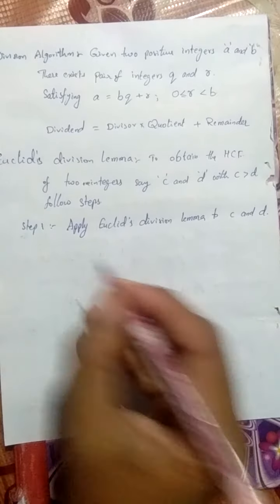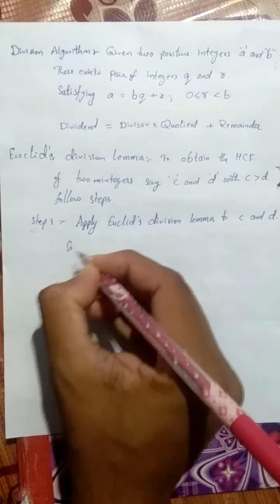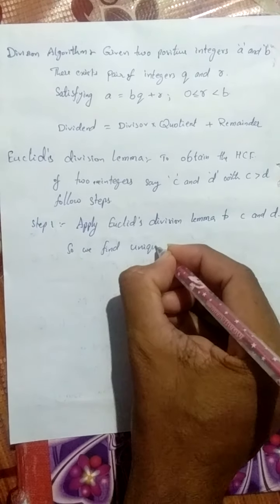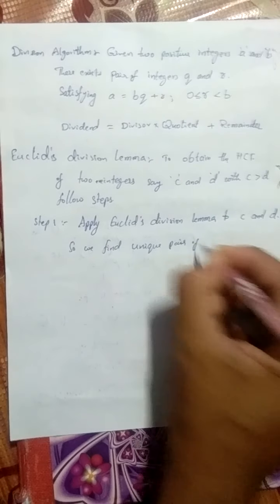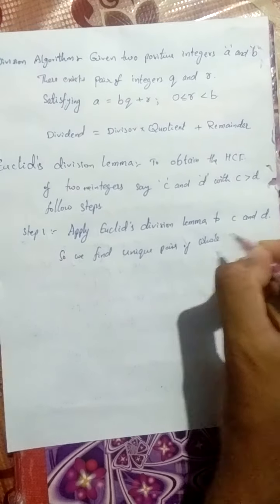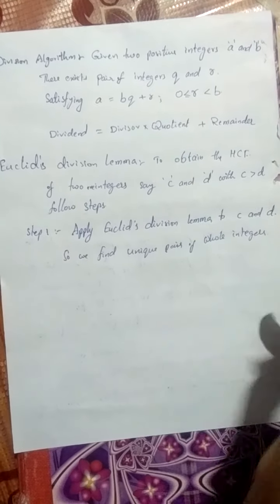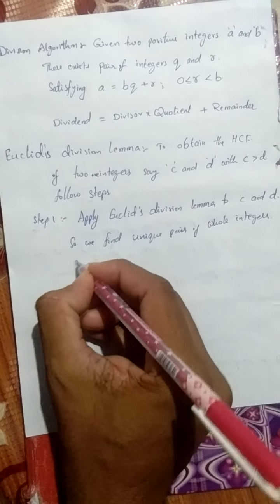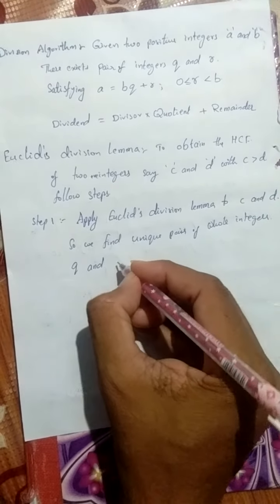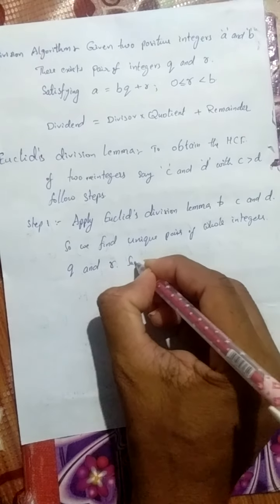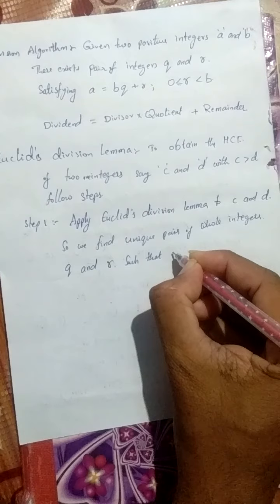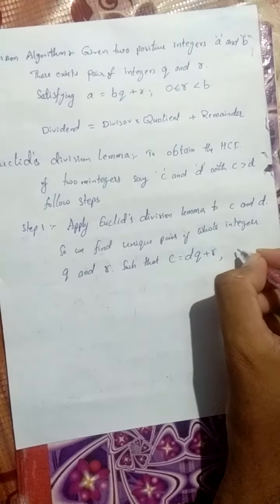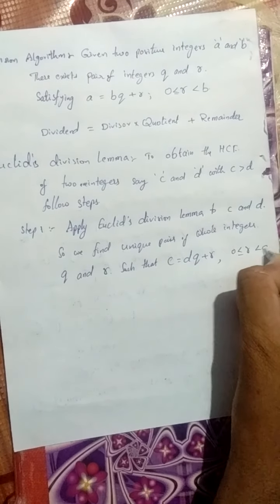So we find a unique pair of whole numbers q and r such that c equals d into q plus r, where r lies between 0 and d.